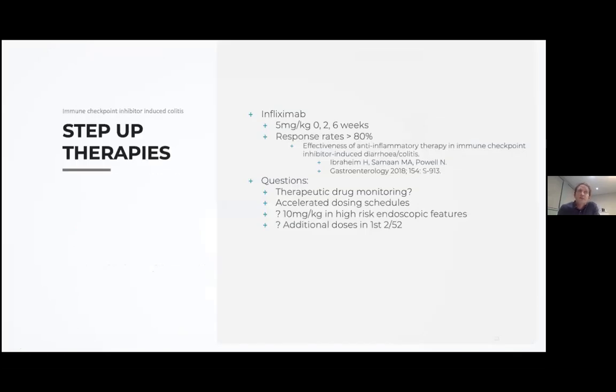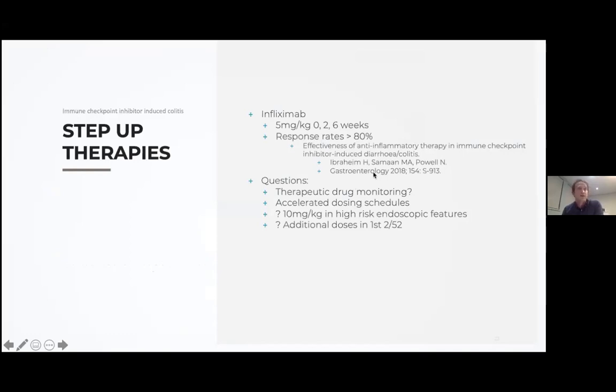So the best studied step-up therapy is the anti-TNF infliximab, and that's limited dosing, typically 3 doses at entry point, 2 weeks and 6 weeks. The response rates are very good, considered to be above 80%.